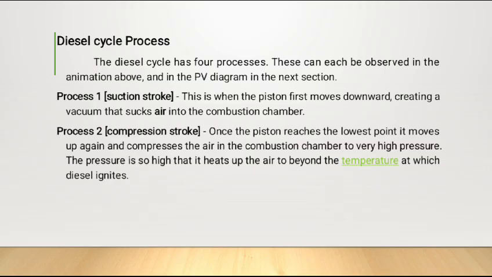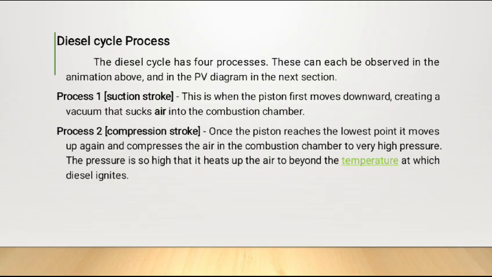In the PV diagram, process 1 to 2 is the suction stroke. This is when the piston first moves downward, creating a vacuum that sucks air into the combustion chamber. Process 2, compression stroke.